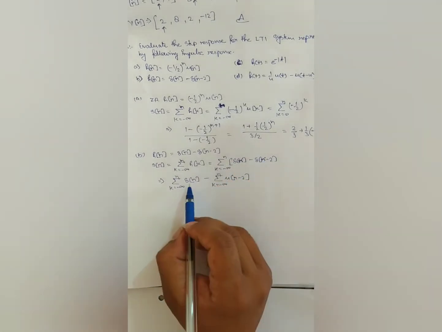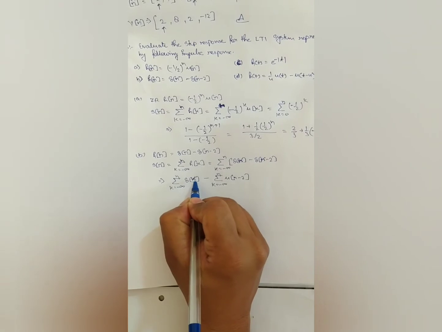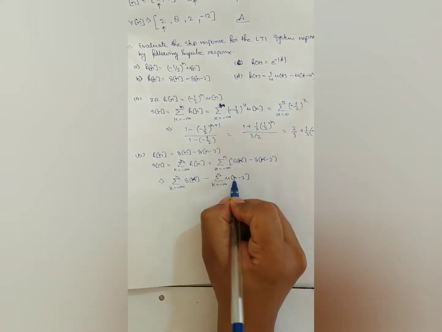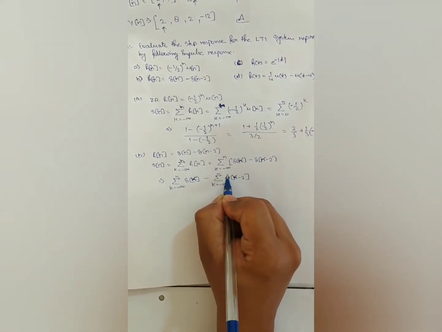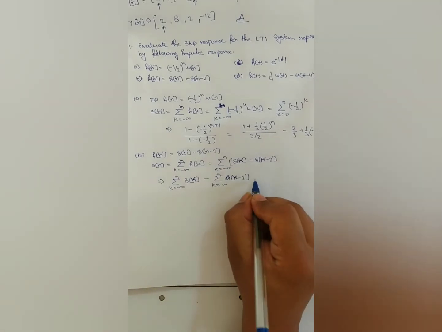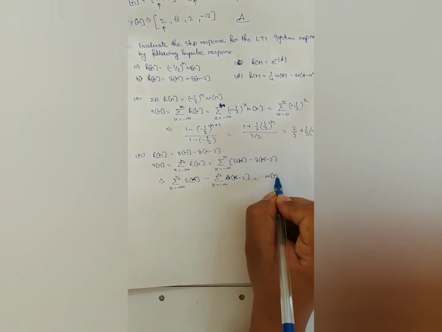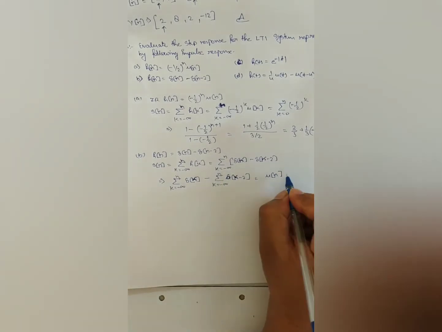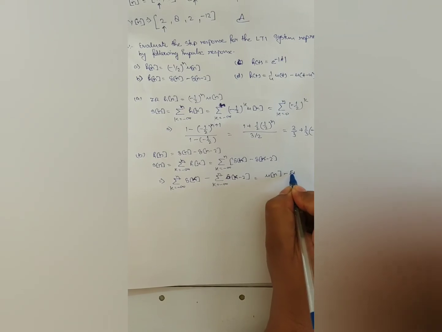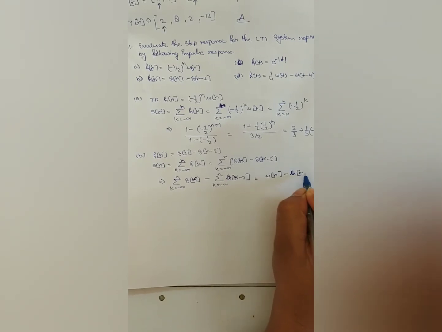We know that the summation of δ[k] becomes the unit step, so it becomes u[n], and this becomes minus u[n minus 2].